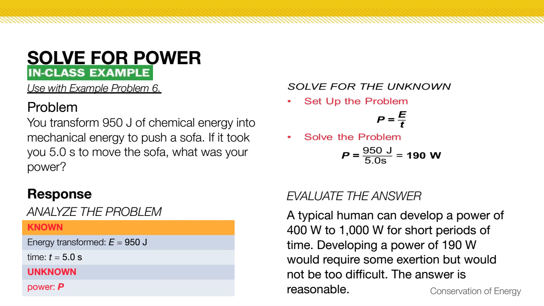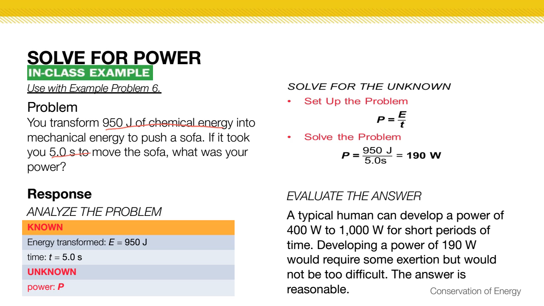An example of this: you transform 950 joules of chemical energy into mechanical energy to push a sofa. If it took you 5 seconds to move the sofa, what is your power? So important numbers, 950 joules of energy in 5.0 seconds.